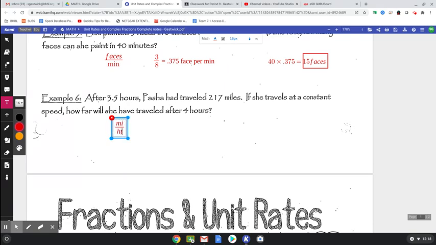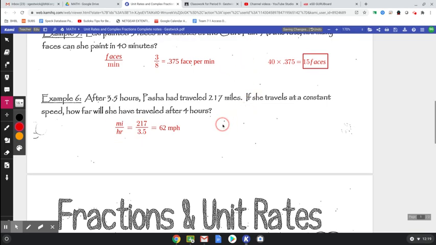It just helps me figure out what's going on here. So if she's doing miles per hour, she's doing 217 miles in 3.5 hours. Let's figure out what that equals. And that will be her speed. So 217 in 3.5 hours. She's going 62 miles per hour.